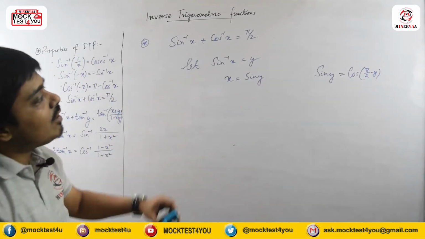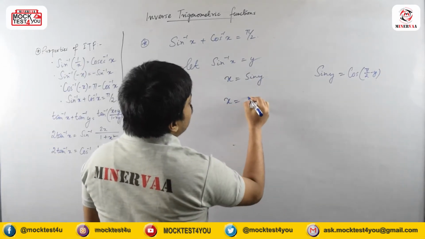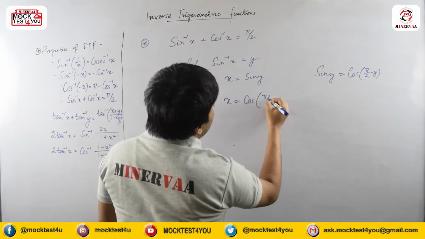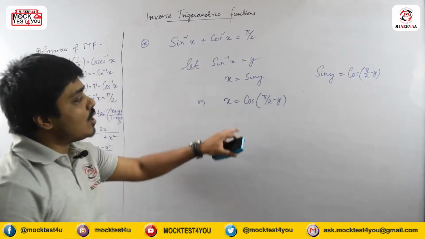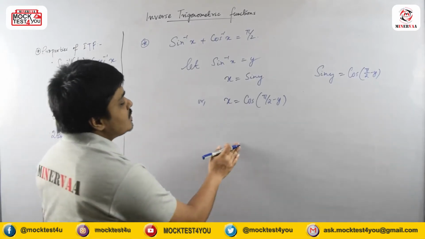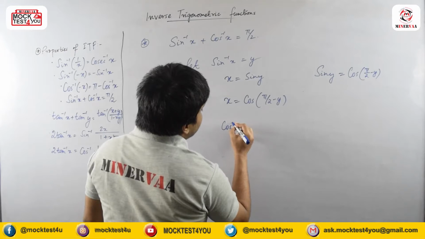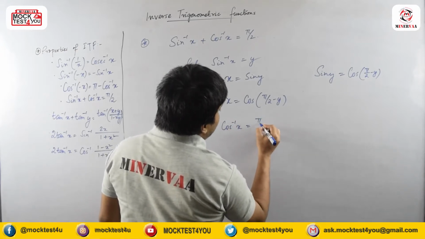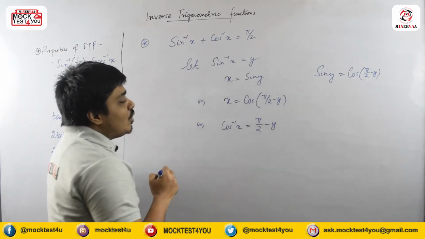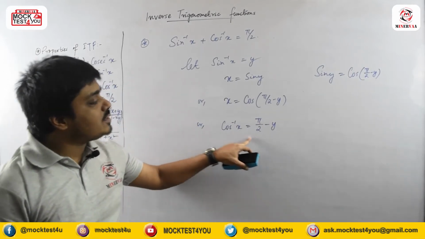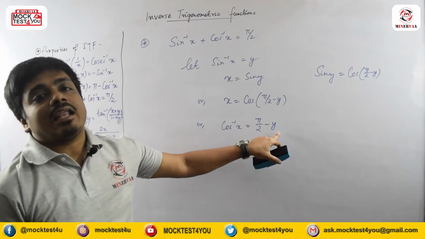So the same thing I will write here. So x is equal to cos of pi by 2 minus y. Now this cos, I will take this side. So I get cos inverse x is equal to pi by 2 minus y. Now look at this expression carefully and you see here there is y. Now what is y?